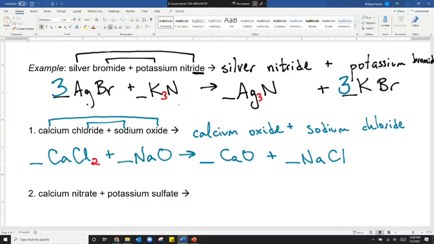What's the charge of Na? +1. Actually, I will leave those charges so we can look at them on the other side. Casey, what's the charge of oxygen as an ion? -2. So Na is +1, oxygen's -2. Braylon, what's the chemical formula when Na and O come together?